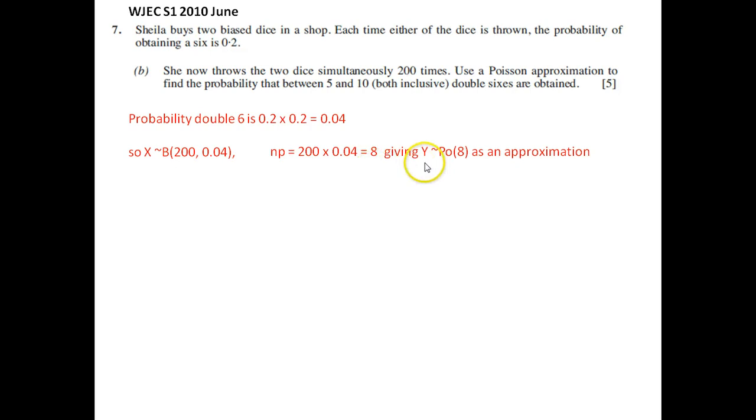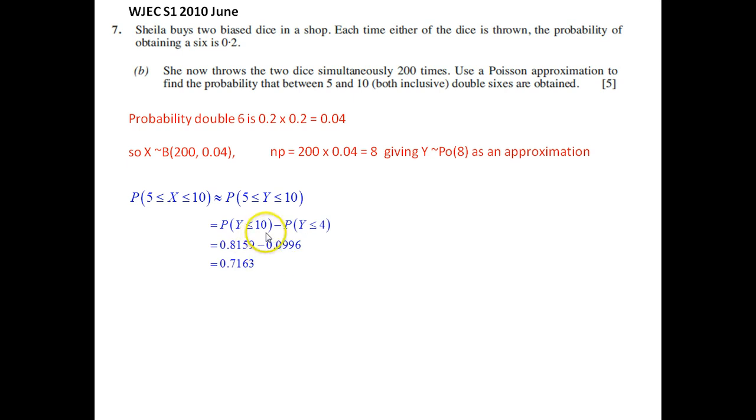So our y, which is the approximation, has a Poisson distribution with mean 8. Therefore, we need to find the probability that between 5 and 10 double sixes are obtained. So 5 to 10 inclusive for x is going to be approximated by y between 5 and 10.